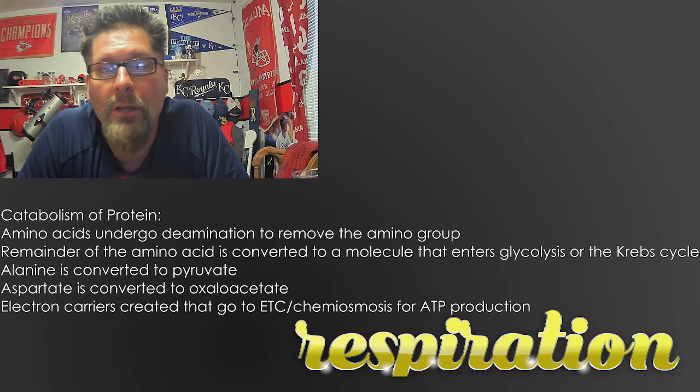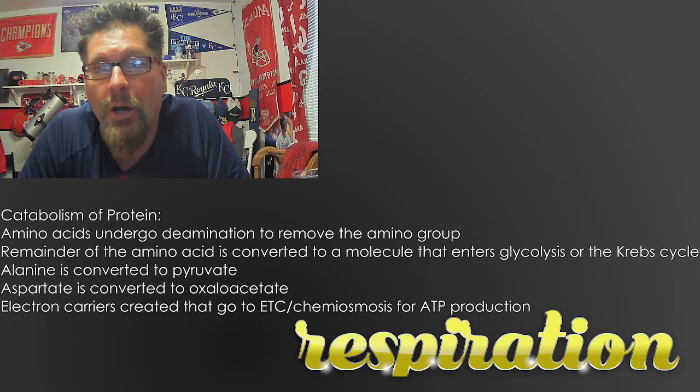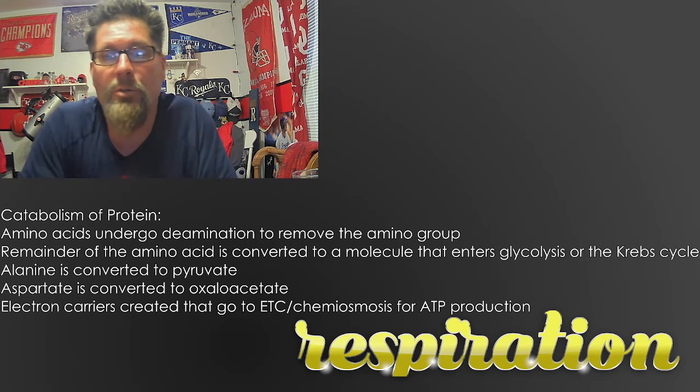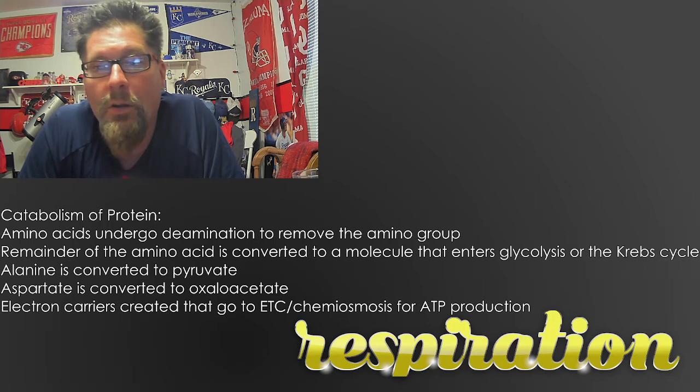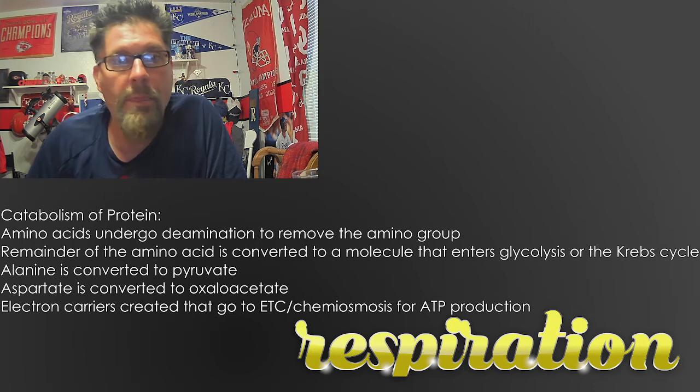Alanine is converted and uses the pyruvate, and aspartate is converted to the oxaloacetate that is used as that end product and the beginning of what's bonded to the acetyl-CoA in the Krebs cycle. And of course we still have electron carriers working, carrying that stuff over to the ETC.